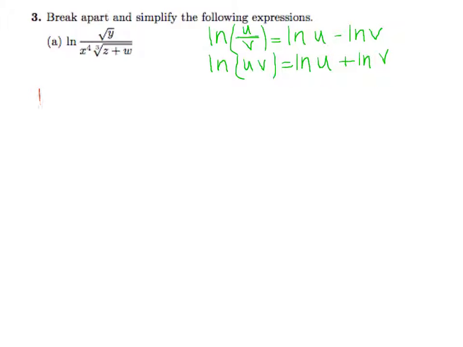So we can rewrite this as ln of the square root of y minus ln of x to the 4th times the cube root of z plus w. And then let's rewrite ln of square root of y as ln of y to the 1/2 minus ln of x to the 4th.